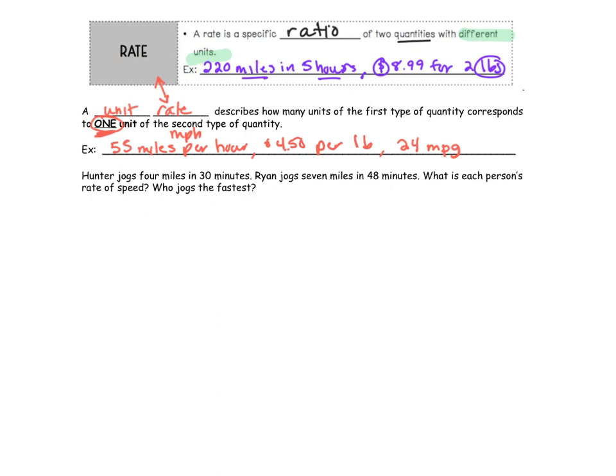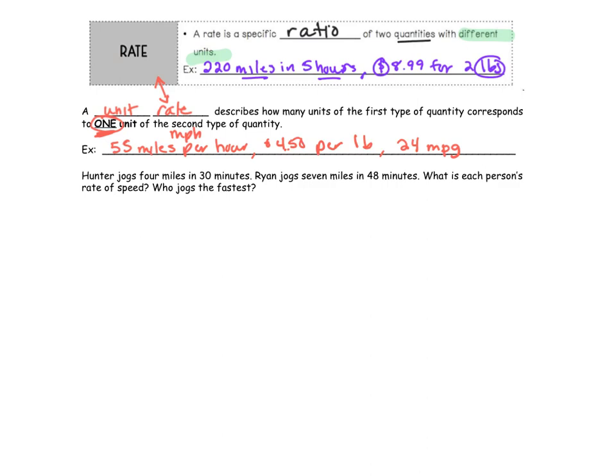So right now we're given different amounts of miles. Hunter travels 4 miles and Ryan travels 7 miles. And Hunter is jogging for 30 minutes and Ryan is jogging for 48 minutes. So the only way to compare this is to make sure we find the rate of speed per minute in this case. So one of the ways we can do this is we can set up a ratio.